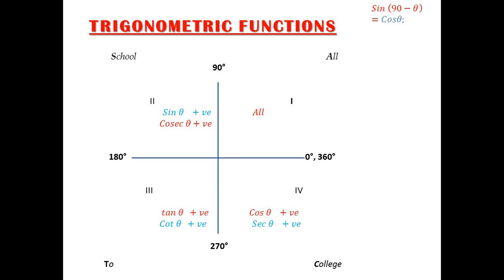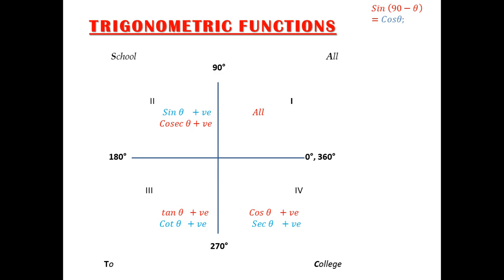Nod your head as no. No. At 90 and 270, we nod our head up and down. But at 180 and 360, we nod our head left to right. So on 90 and 270, we have to change. Yes. But at 180 and 360, we do not change. No.